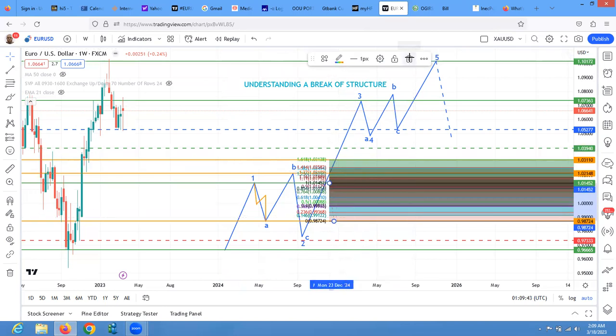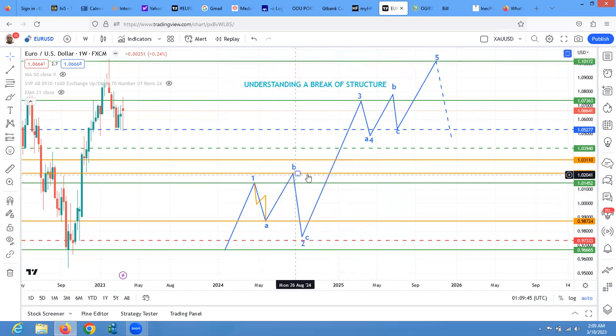So when you have price moving to form B here, between here and here, B can still go on. Structure won't change. It has not changed.